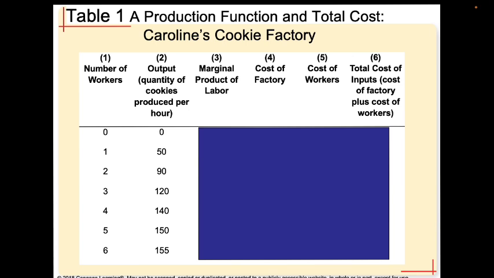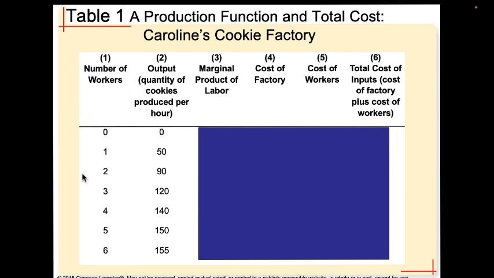We're looking at production, and we're trying to figure out what happens to the productivity of the labor as you add more workers into the mix. So the first column is about how many workers you have. When you have zero workers, the output is obviously going to be zero. So you're not producing anything.